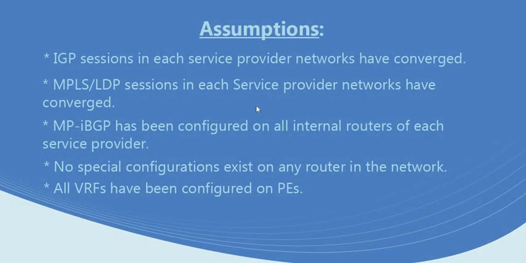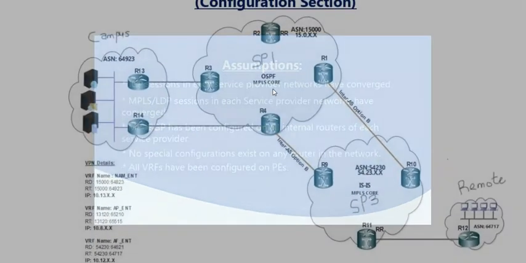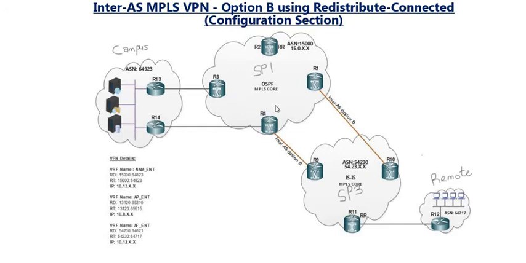These are the current assumptions that you need to consider while going through the configuration section. All IGP sessions have been converged in each of those ISPs. That is, all the routers in each of these ISPs are able to reach one another. Similarly on this as well, R9, R11 and R10 are able to reach one another.